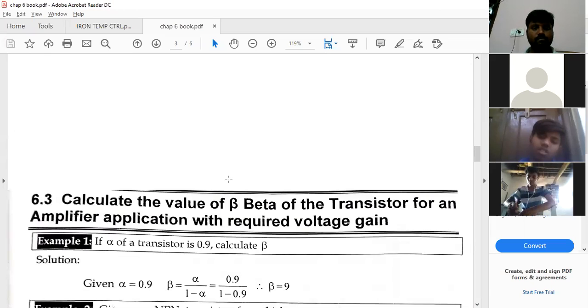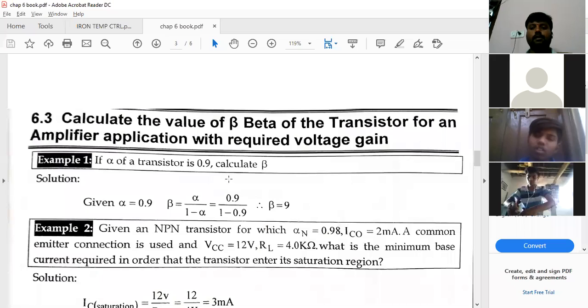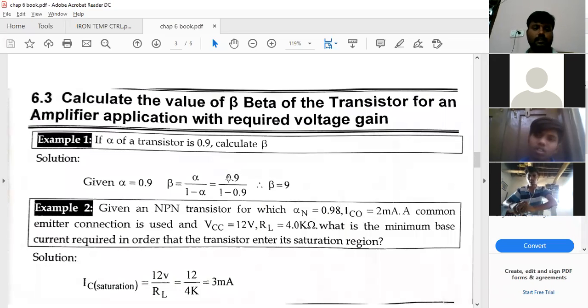Calculate the value of beta of the transistor for amplifier application with the required voltage gain.